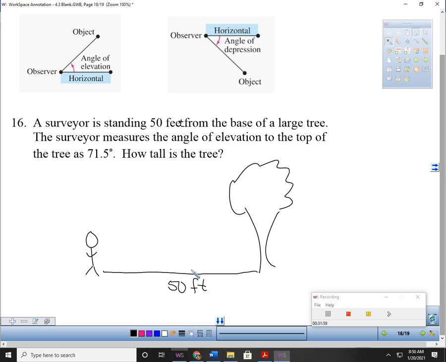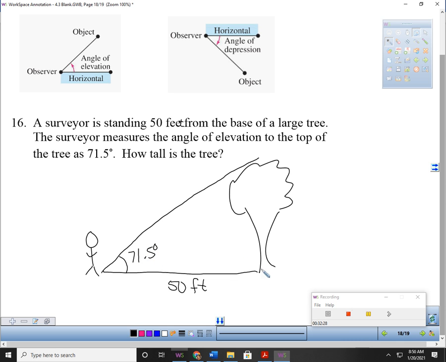The surveyor measures the angle of elevation to the top of the tree as 71.5 degrees. So to the top of the tree, angle of elevation, that would be from straight, looking up. That would be this angle right here, 71.5 degrees.